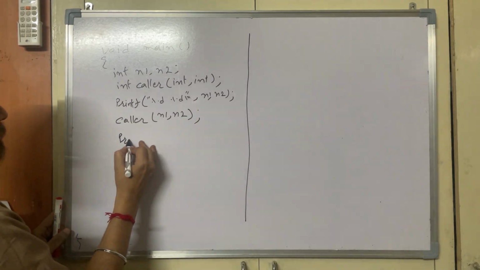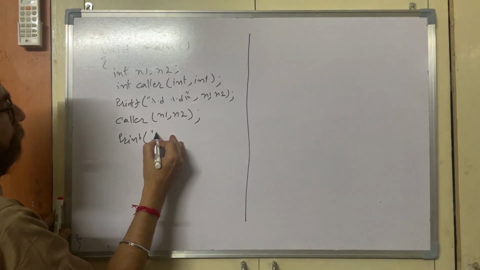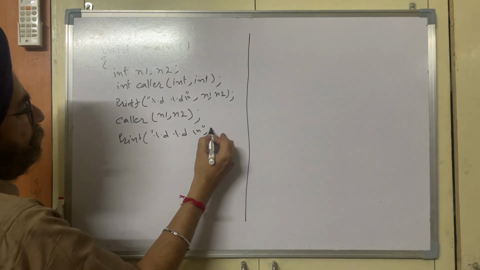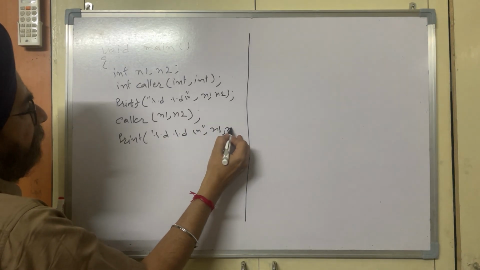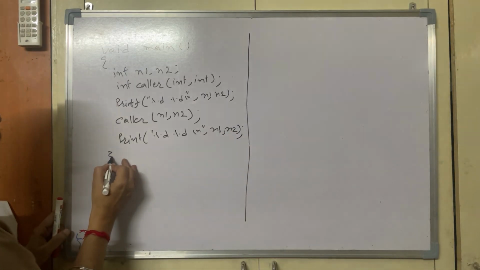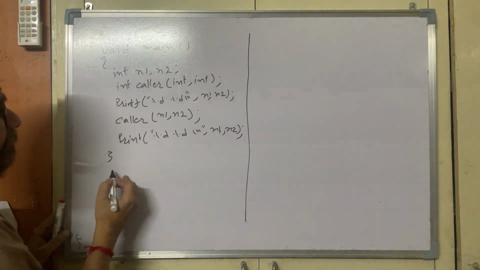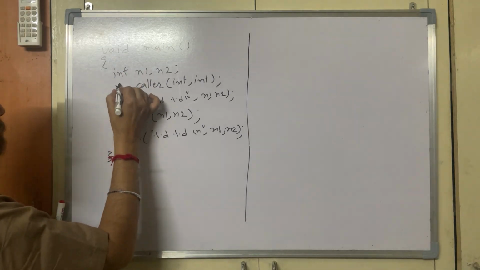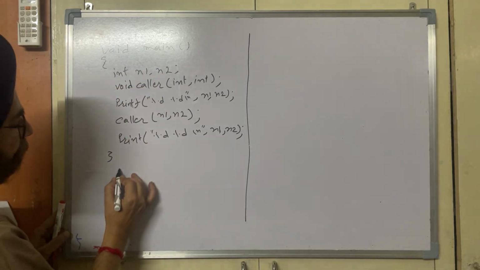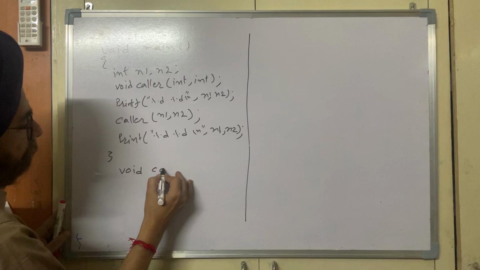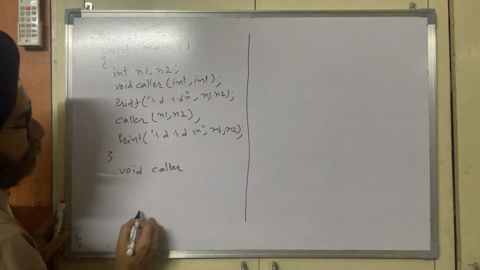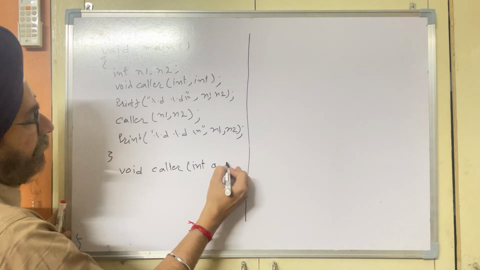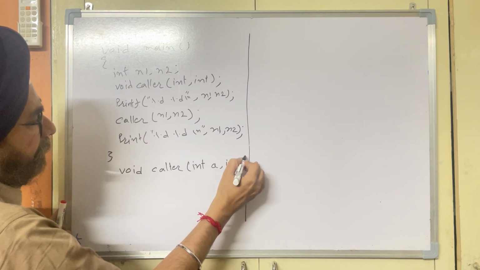Then again printf %d \n format specifier n1 comma n2, closing the main. And the definition of caller is: its return type is void caller, int a, int b, it can be.